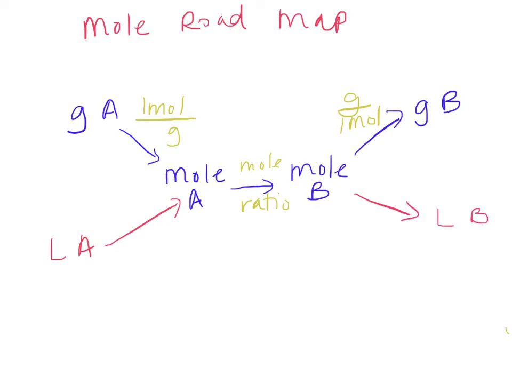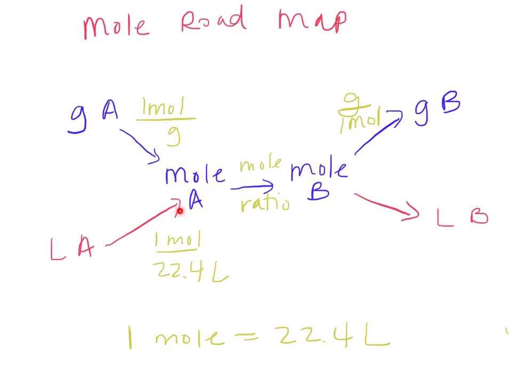So the conversion factor that's going to help us get there is, remember that 1 mole is equal to 22.4 liters at STP, and that meant standard temperature and pressure. So we can use our conversion factor here, and it will be 1 mole over 22.4 liters to get us from here to here.